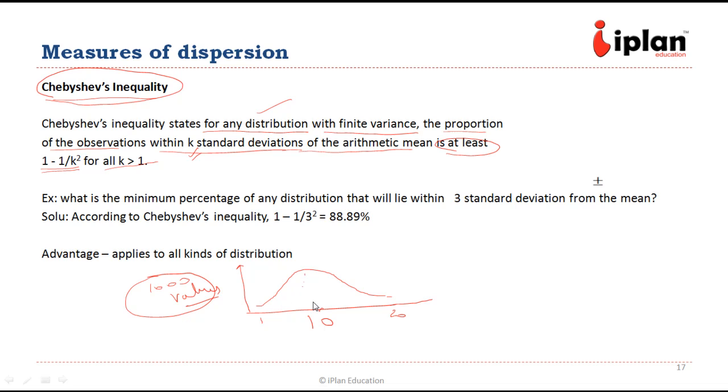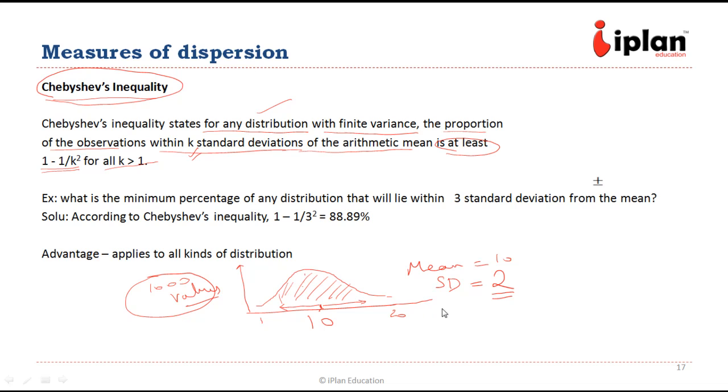So we want to say that around the mean, which is 10, if we move in this direction left or if we move to right, what percentage of values lie between k standard deviation? For example, if the mean in this case is 10 and standard deviation is say 2, value of one standard deviation is 2.